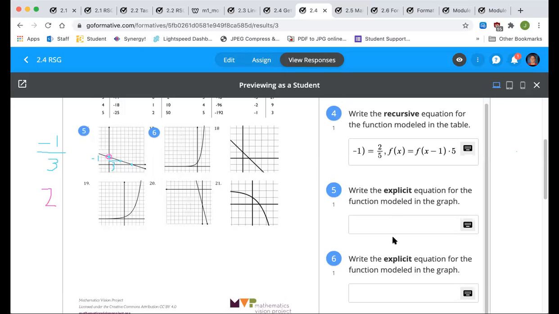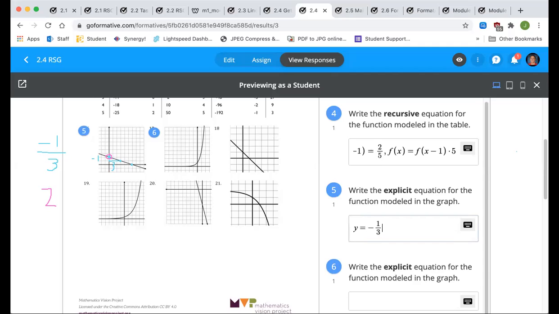So our explicit equation, y equals negative 1/3 x plus 2. Again, the plus 2 is where it starts on the y-axis. It's the y-intercept. This negative 1/3 is because it's going down 1, right 3.